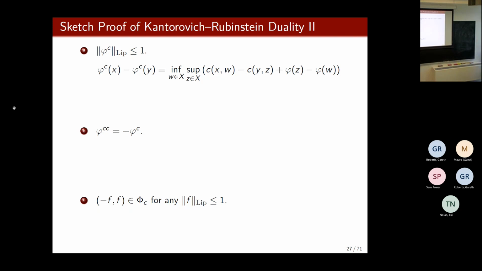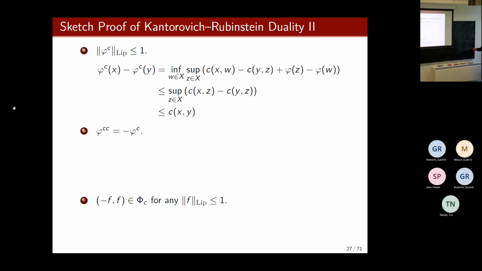So I want to make this bigger. I can make this bigger by choosing a particular w. I think I choose w being equal to z. That way these two things here cancel, and then I get c of x z minus c of y z.